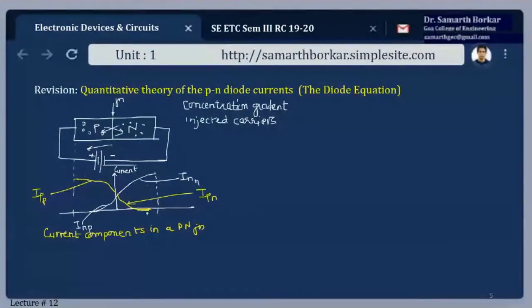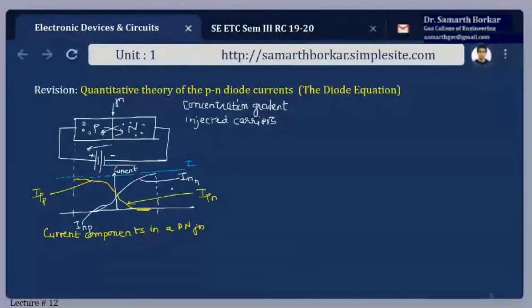So we have 4 current components here. Collectively, if I add the 2 components, this plus this, it will be the total I. So the total current in the circuit is going to remain the same.